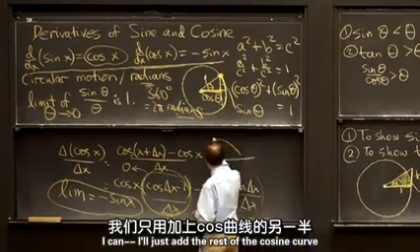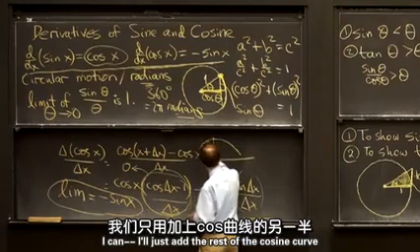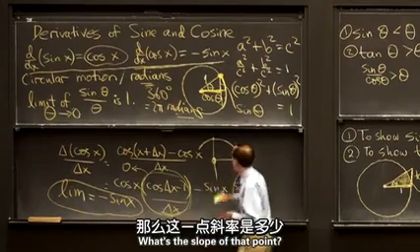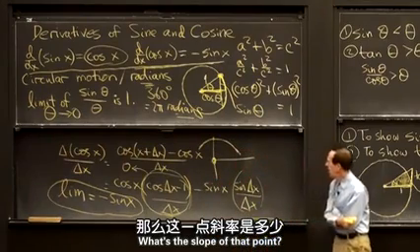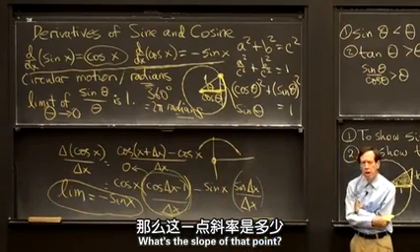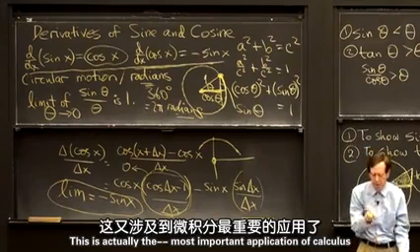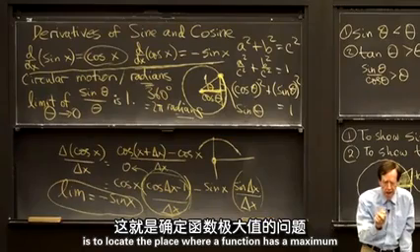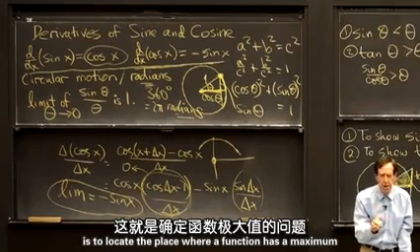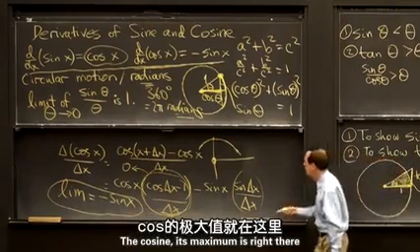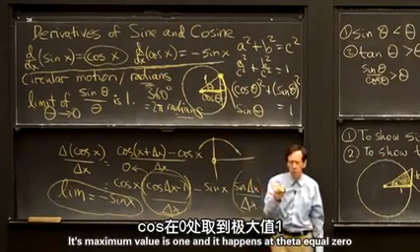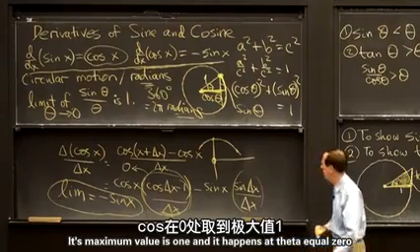I'll just add the rest of the cosine curve because we know it's symmetric. What's the slope at that point? This is actually the most important application of calculus. It is to locate the place where a function has a maximum. The cosine, its maximum is right there. Its maximum value is 1, and it happens at theta equals 0.